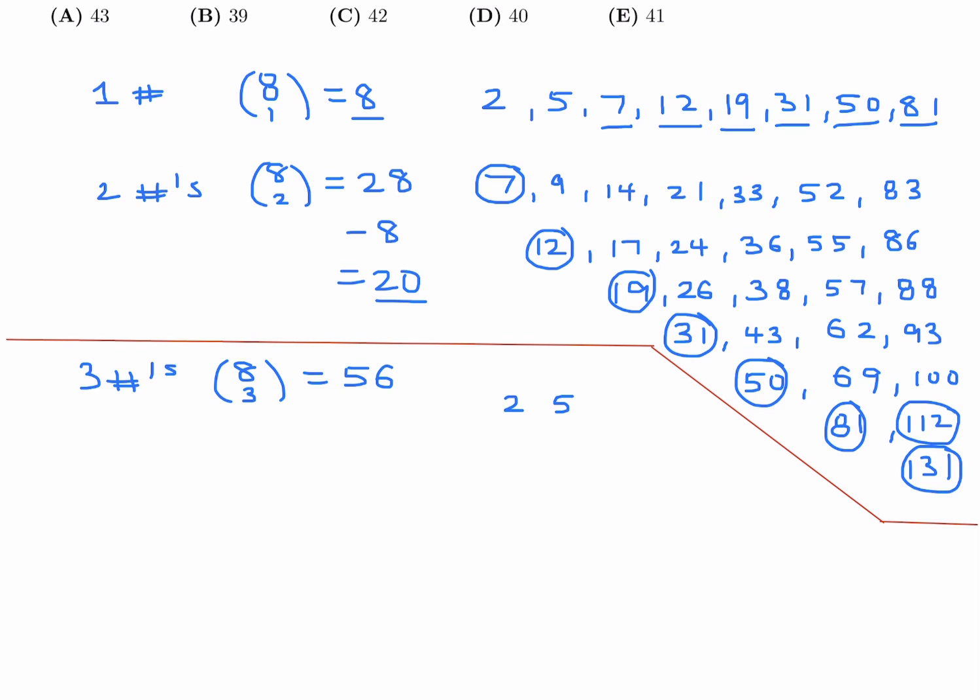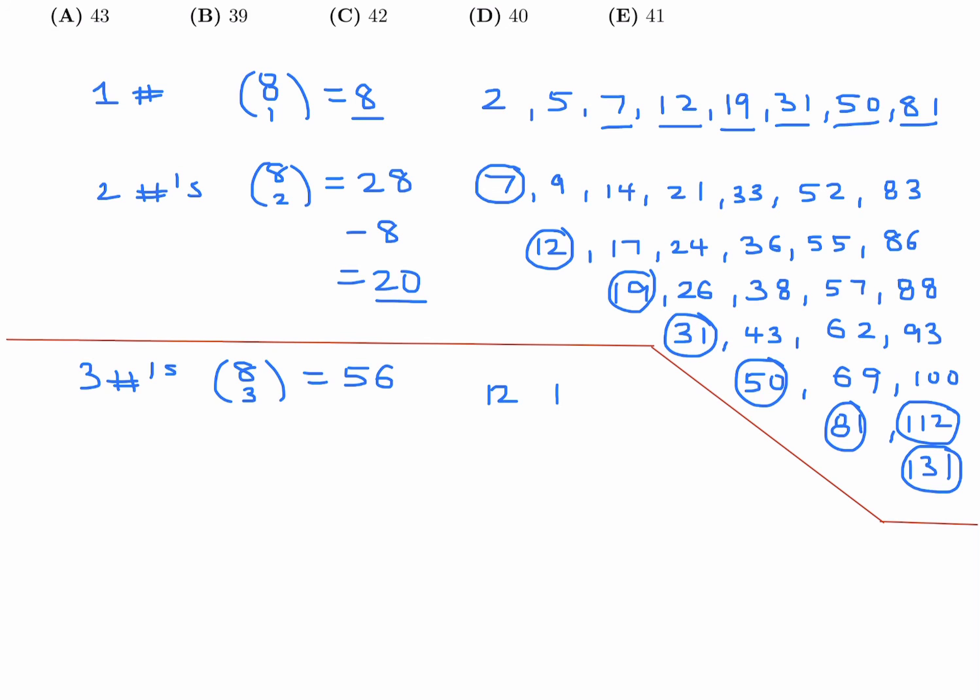Okay, let's try 2, 5, and let's go a little bit farther down. 31. 2, 5, and 31, that's 38. And 38 is already included. Okay, let me get away from this 2 and 5. Keeping in mind that the undesirable way of doing it is having consecutive.